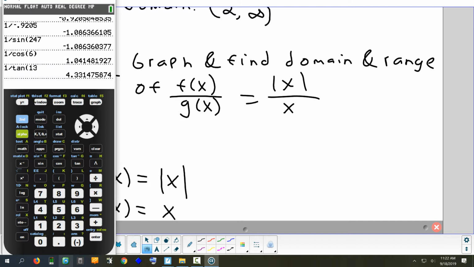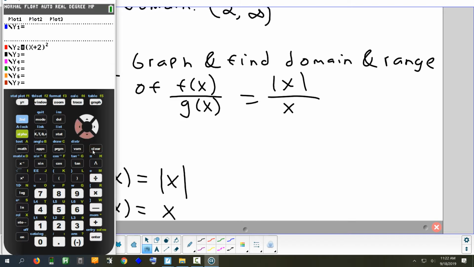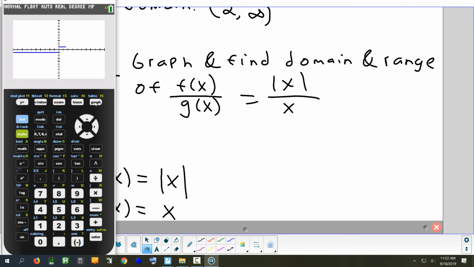We might have done that in here, but I'll show you where it is anyway. Math, number, option 1. Okay, absolute value of x divided by x. Let's hit graph. Okay, so there's the graph.